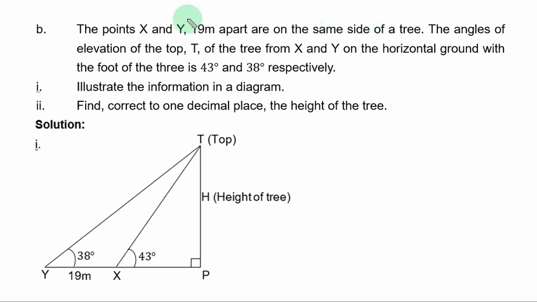Question 13b. The points S and Y, 19 meters apart, are on the same side of a tree. The angles of elevation of the top T of the tree from S and Y on the horizontal ground with the foot of the tree, P, are 43 degrees and 38 degrees respectively.